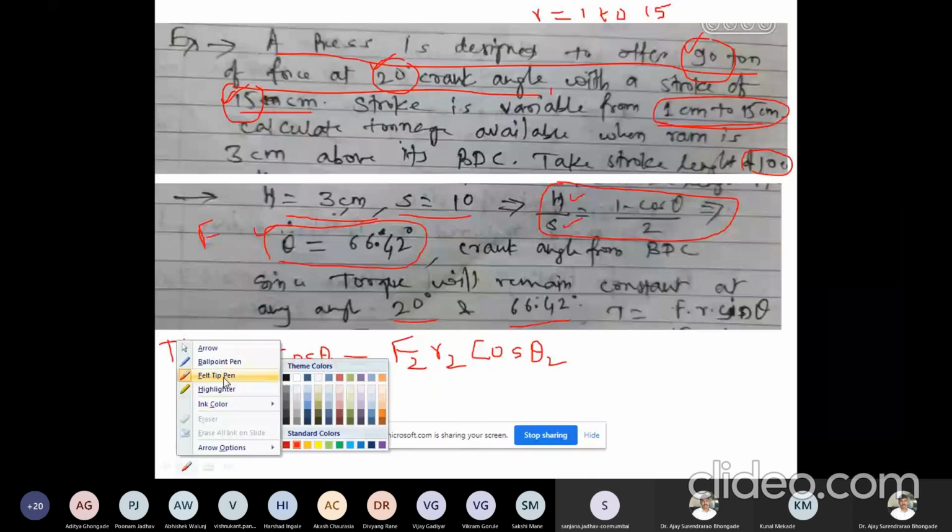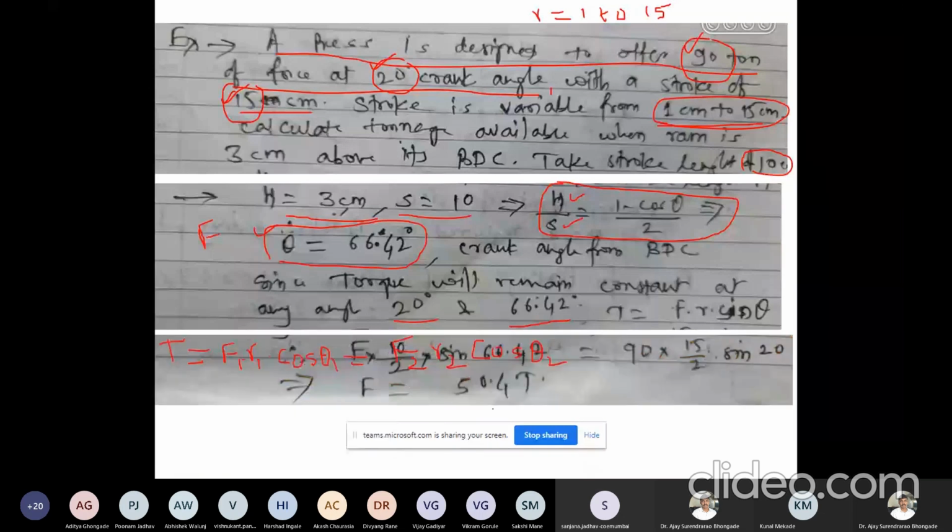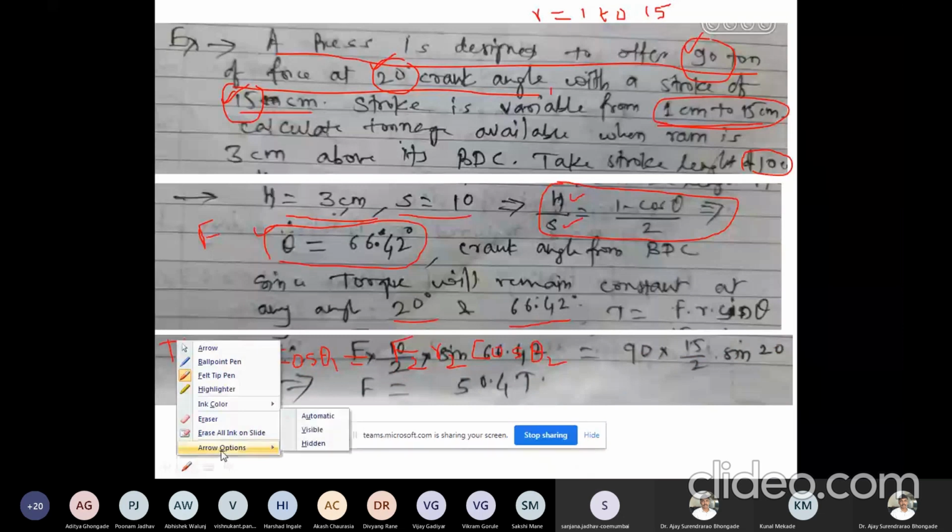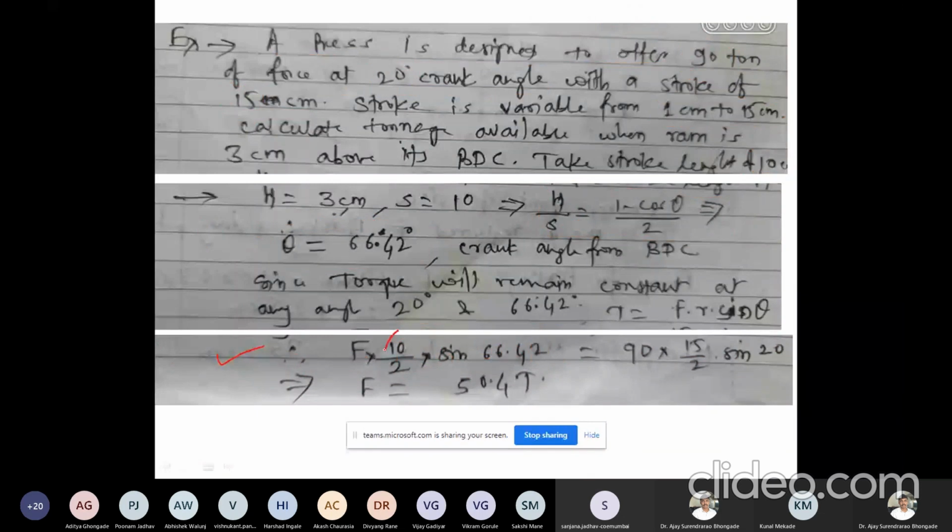So this is how I had done it. Okay. Now F into 10 by 2, that is our data, which we calculated here. F into radius into sine of 66.42, this is what we want to calculate, equal to the rated capacity.